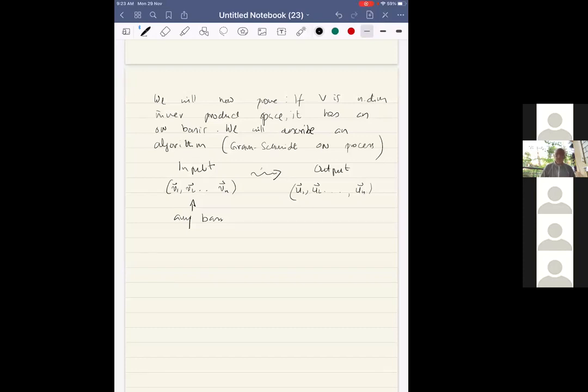Okay, so let us apply it to a case of R2. I take R2 with the standard inner product, and I start with the following basis.